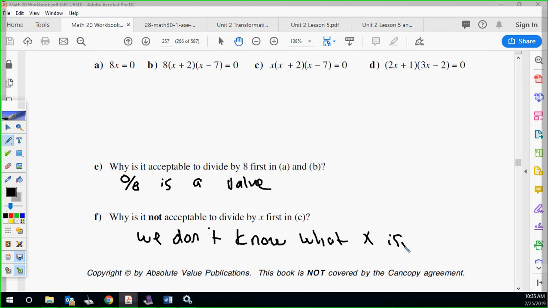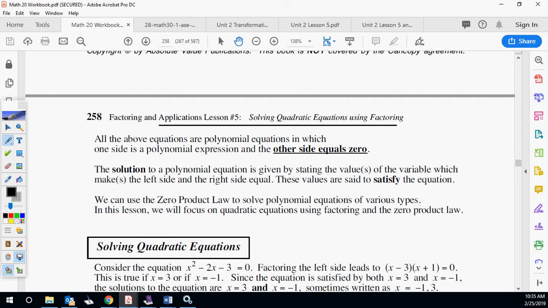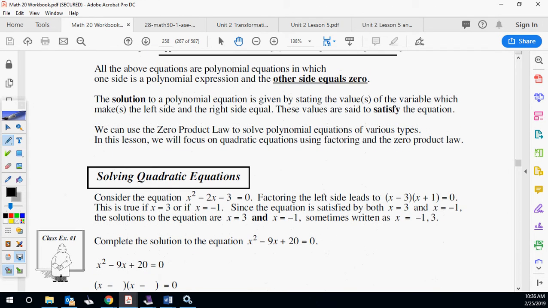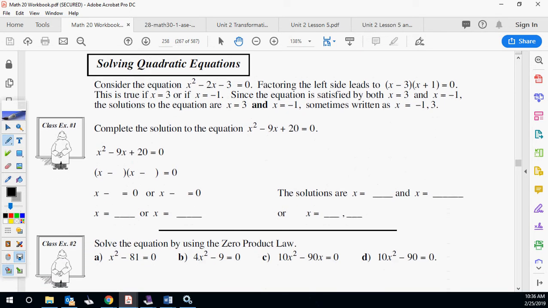Okay, so let's get some examples now. All the above equations are polynomial equations in which one side of the polynomial equals 0. The solution to a polynomial equation is given by stating the values of the variable which makes the left side equal to the right side. We know that, and we can use the zero product law to help us with that. So we're going to consider the equation x squared minus 2x minus 3 equals 0.